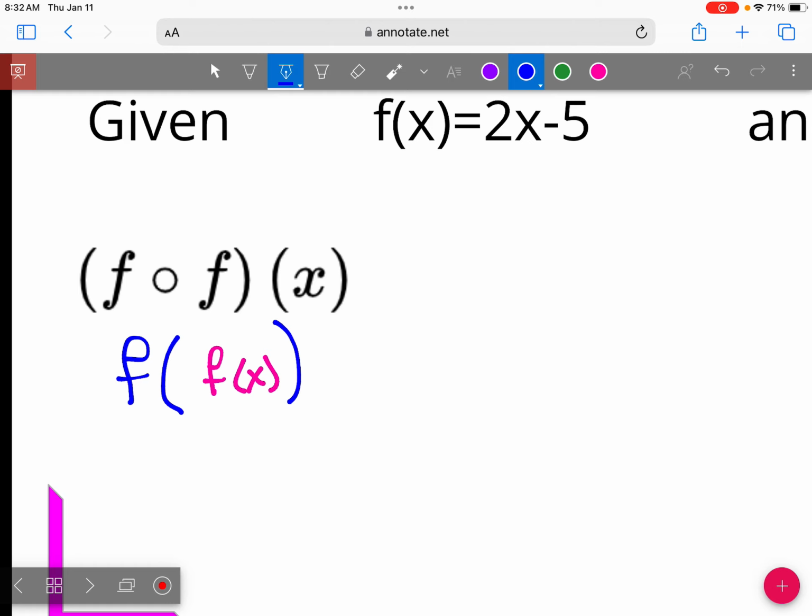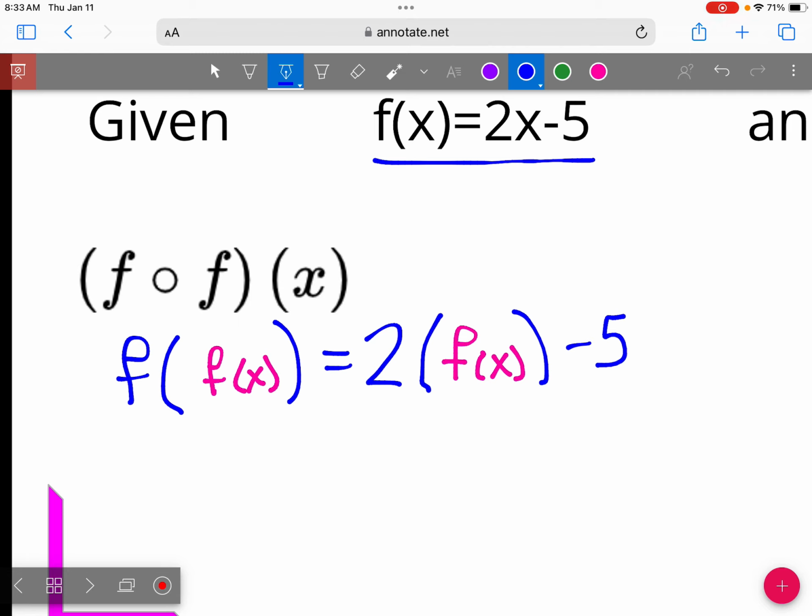They love to do a composition with itself. I know they're weird and super overcomplicated. But what we're going to do is exactly what we did before. I'm going to start with taking my equation from up here. My 2 times something, but all I know is in place of this x, I'm supposed to put f of x, minus 5.